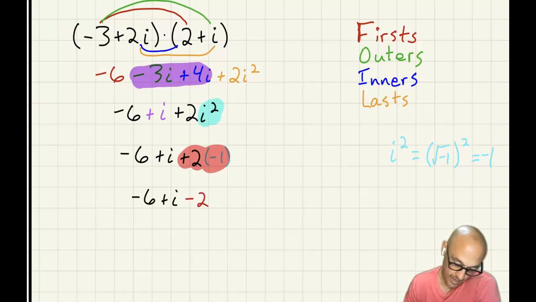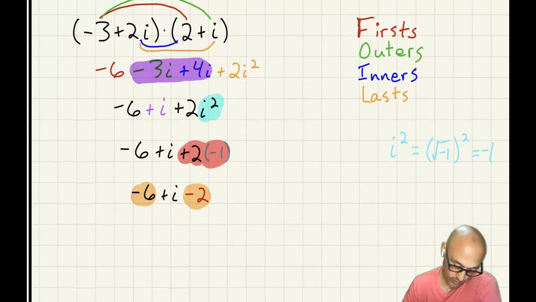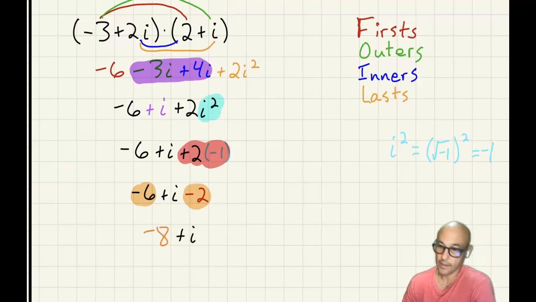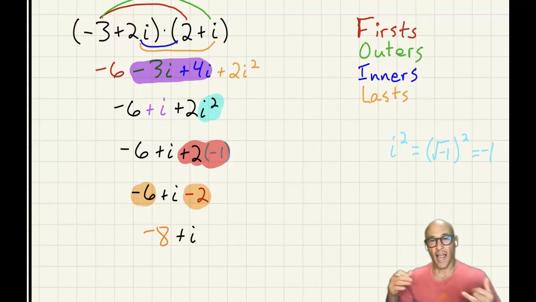And my last step is going to be to combine my -6 and my -2. And I will get -8 plus i. I haven't checked to see if that's the answer that you wrote down. I can do that, but that should be the answer if I didn't make any mistakes.